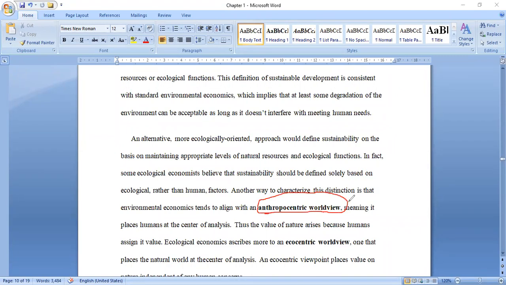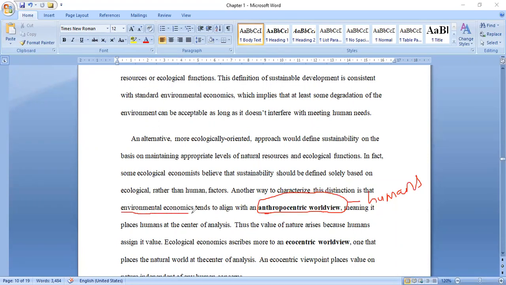It means that their perspective looks at human beings at the center of analysis. They look at human beings at the center. Those are environmental economists. Are we together?